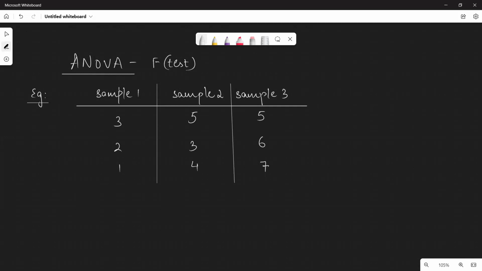Just give me a second, let me change this context. Let me not call them samples; let me call them schools, so that we can understand it better. This is school 1, this is school number 2, and this is school number 3.